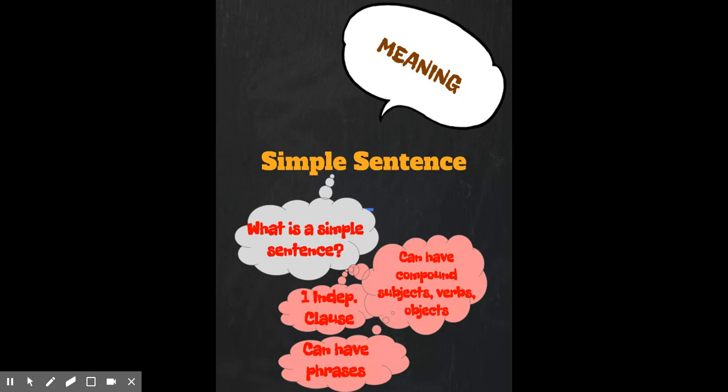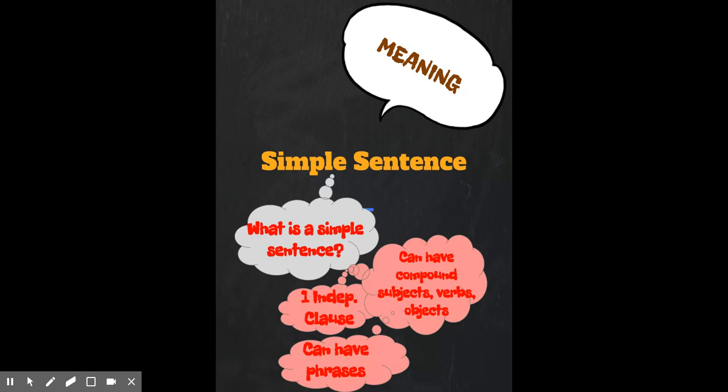Okay? Now they can have, like we've seen, compound subjects like Bill and Ted. They can have compound verbs like ran and jump. They can have compound objects. So parts of the sentence can have a complexity, but it's still a simple sentence.